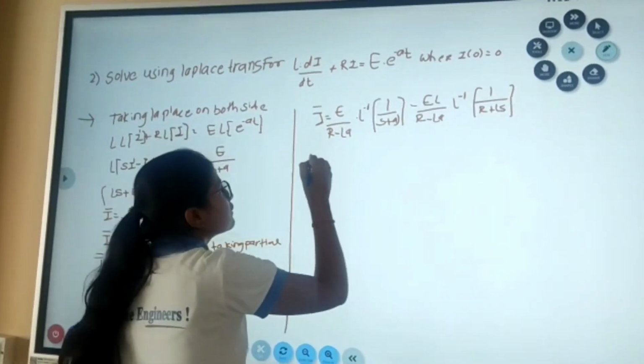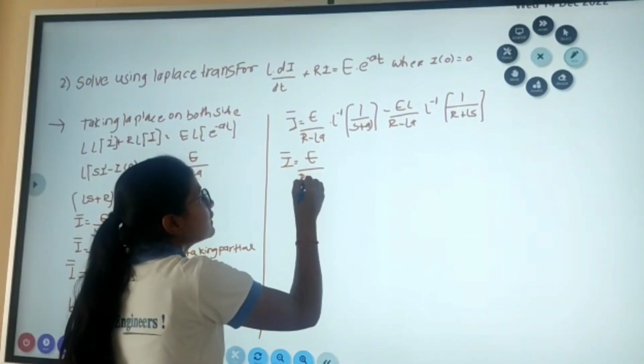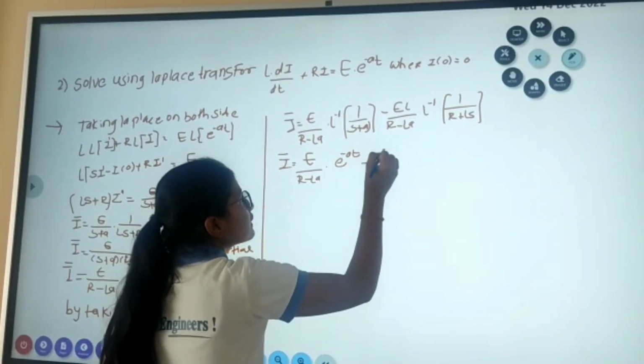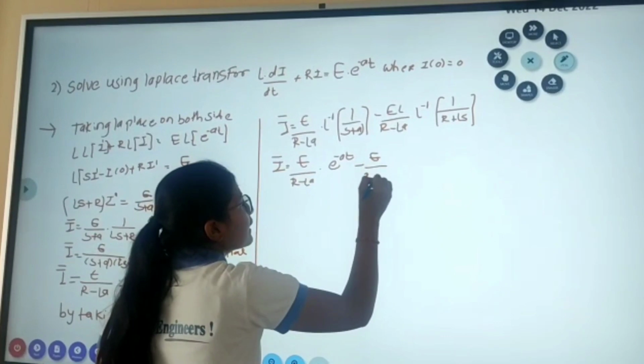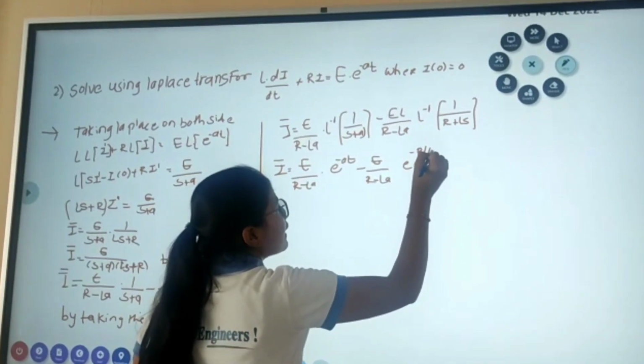So by taking the inverse Laplace, the equation becomes E upon (R minus La) into e raised to minus at minus E upon (R minus La) into e raised to minus R upon L into t.